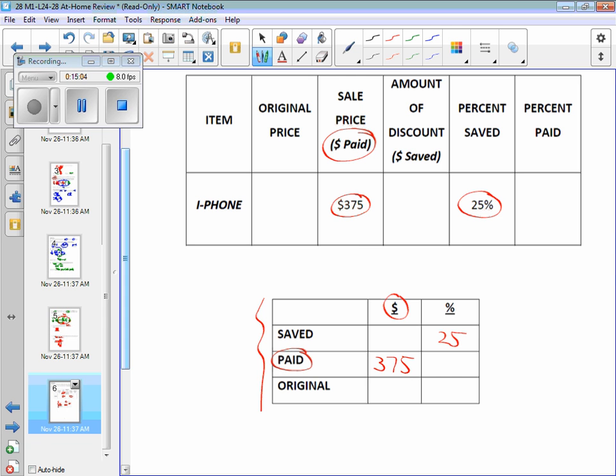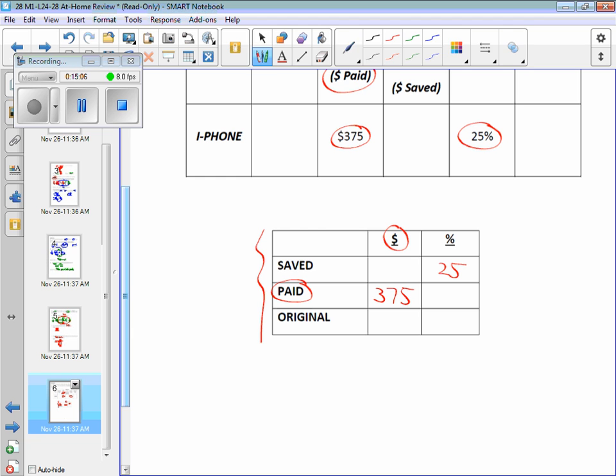And here's how you do it. As we learned in class, all of our percents have to add up to 100. So that's always going to go there. That is then going to make our missing percentage value 75. From there, we have to see where we can connect. From here to here, it is times 3.